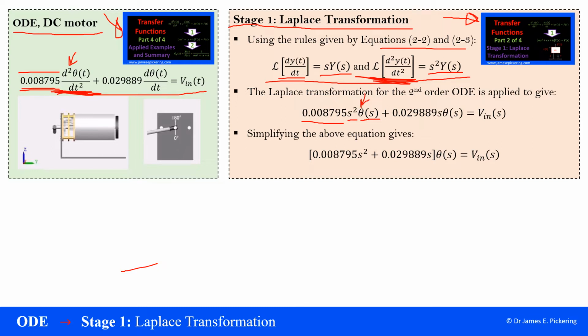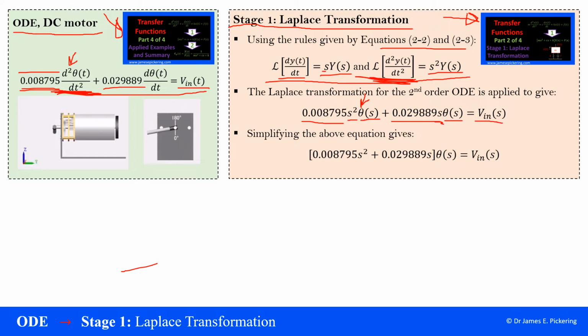Then this number here is going to stay, and then we've got d by dt. Looking at the first derivative, d by dt effectively becomes s, and y of t in our case is theta of t, which becomes theta of s. Then v subscript in denotes voltage in, so the input to this DC motor is voltage, and becomes v subscript in of s.